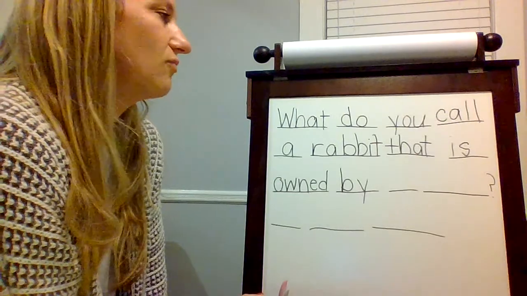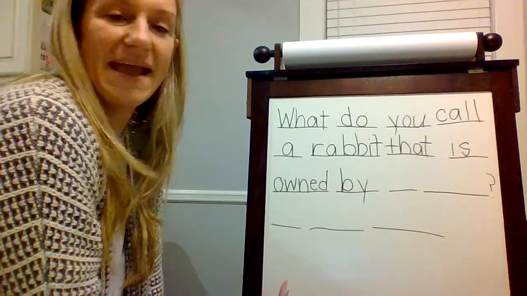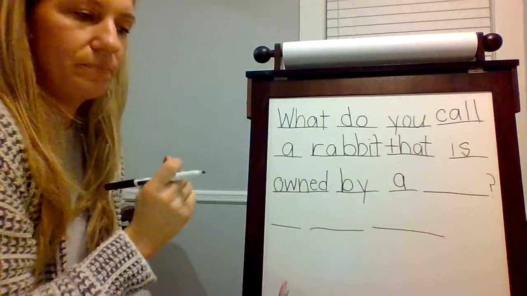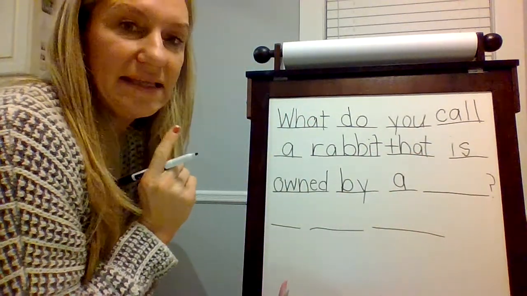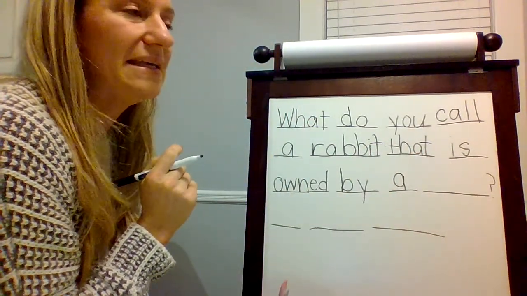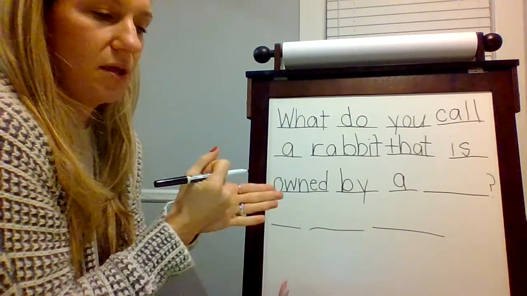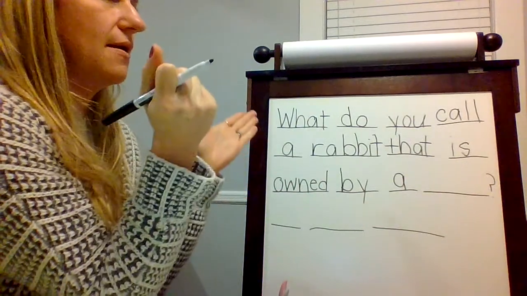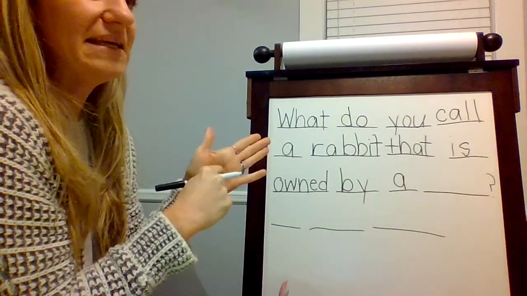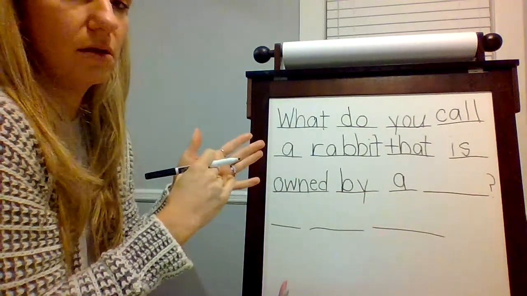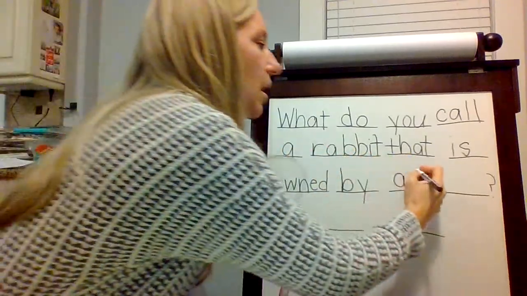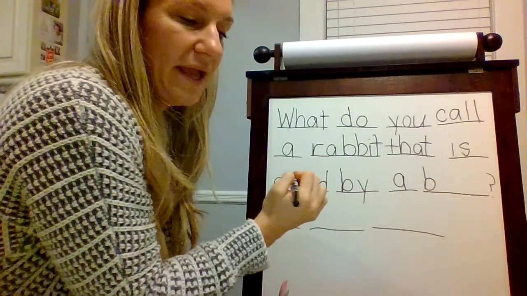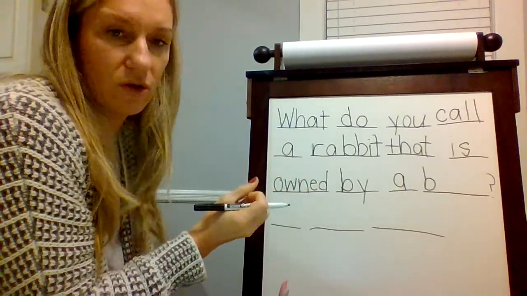What do you call a rabbit that is owned by a? Beetle. I hear that E sound. Beetle. So let's do Elkonin boxes, but make sure we add in that word pattern. Beetle. Baby. Now, we have two different E word patterns, right?